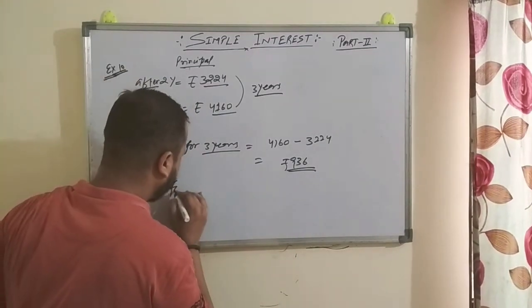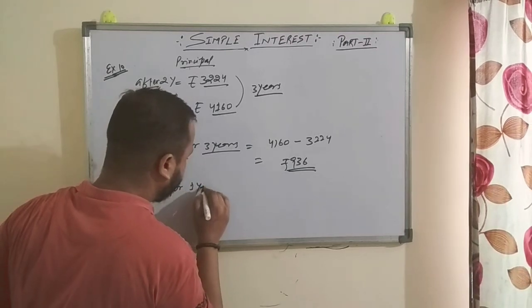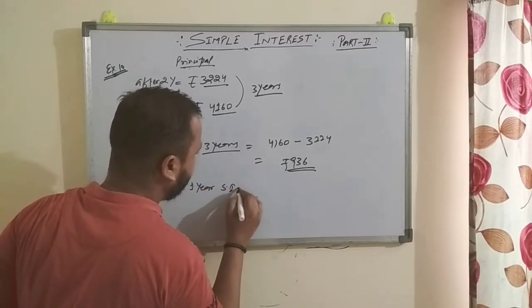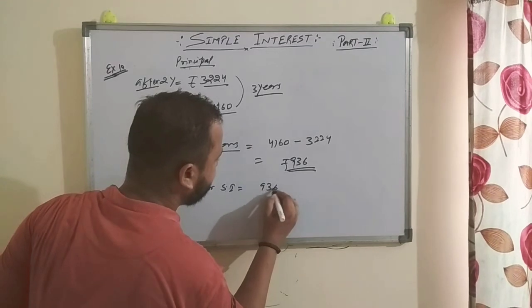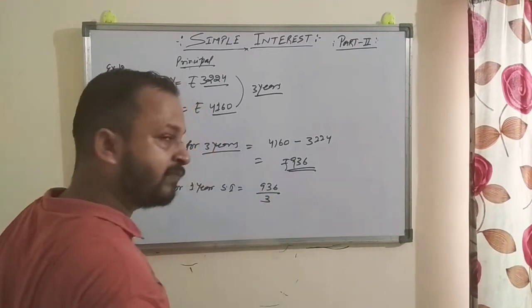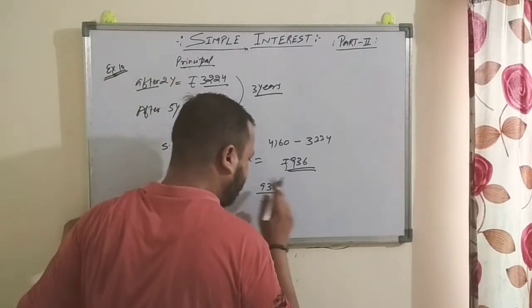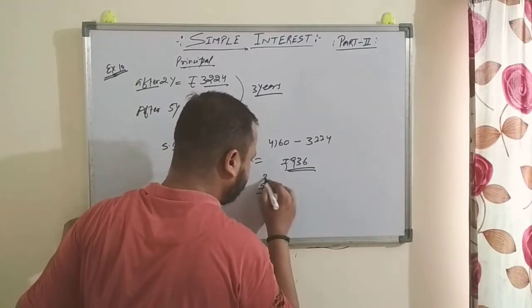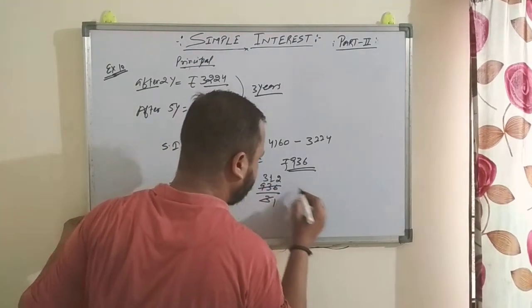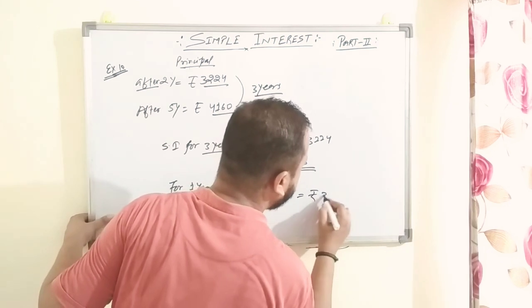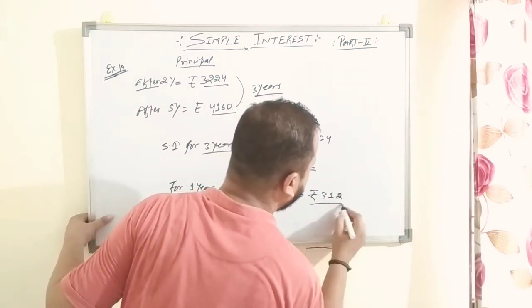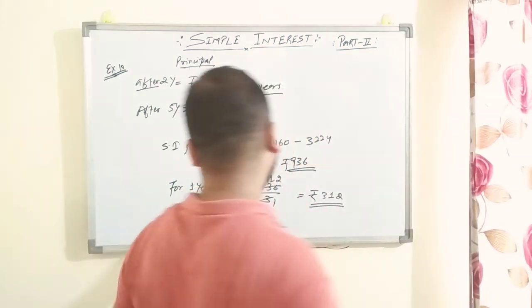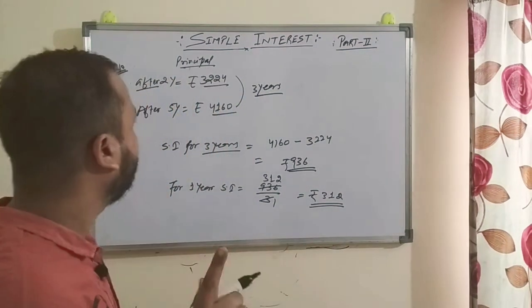So for 1 year, SI is what? 936 divided by 3. So 3 3s are 9, 3 1s are 3. It means rupees 312 you are getting as a simple interest for 1 year, right?